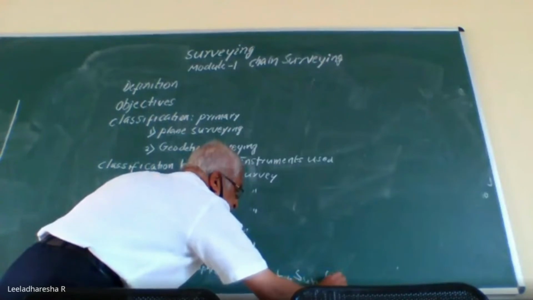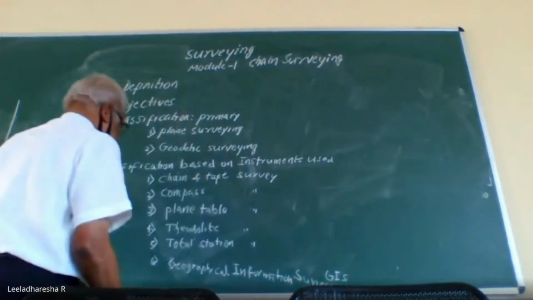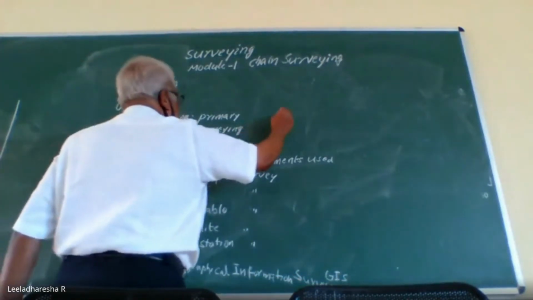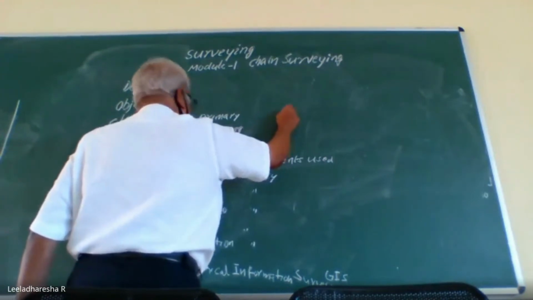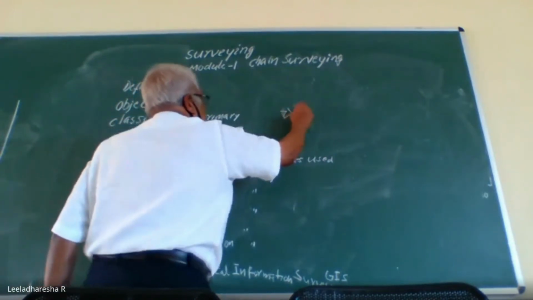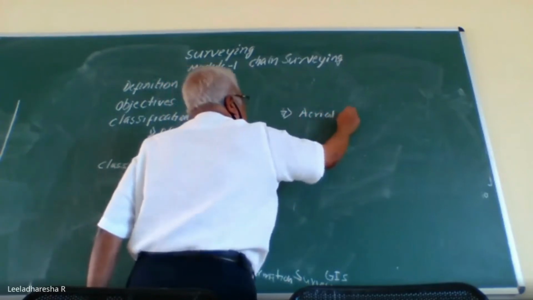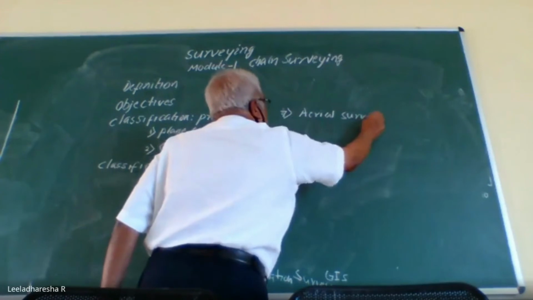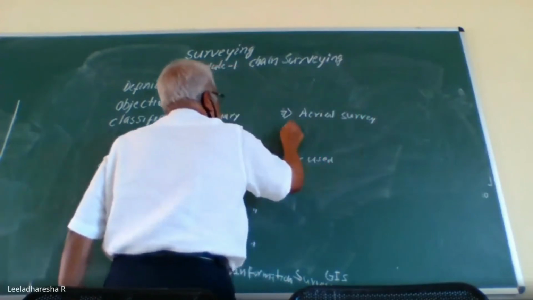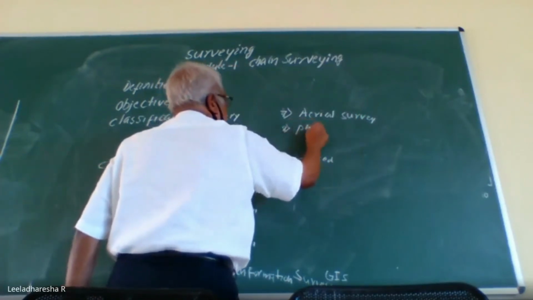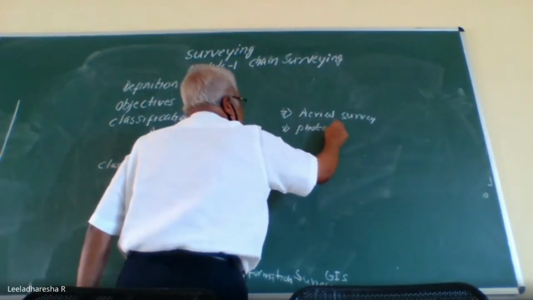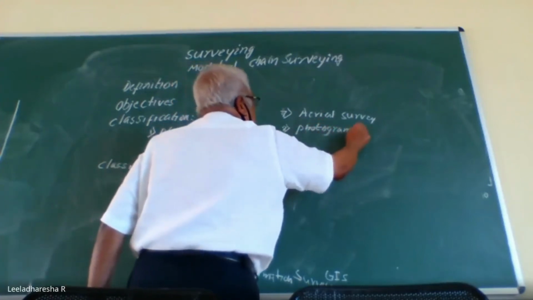This is also abbreviated as GIS. Then seventh one is called aerial survey. Each one is called photographic survey.